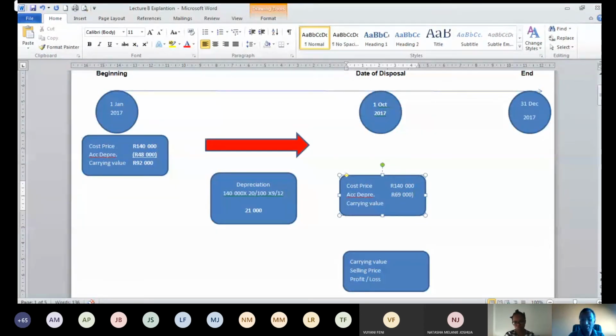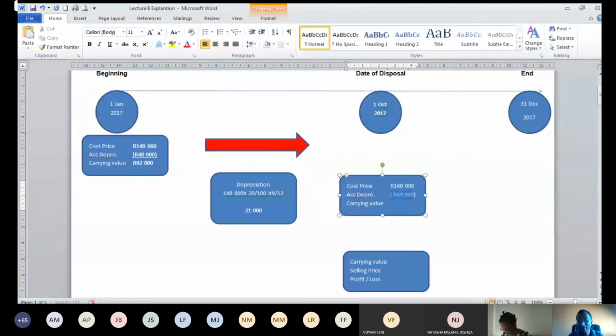That is your accumulated depreciation at the beginning of the year, plus the depreciation for another 9-month period, and that will give you 69,000. 69,000 is therefore the 48 plus the 21.